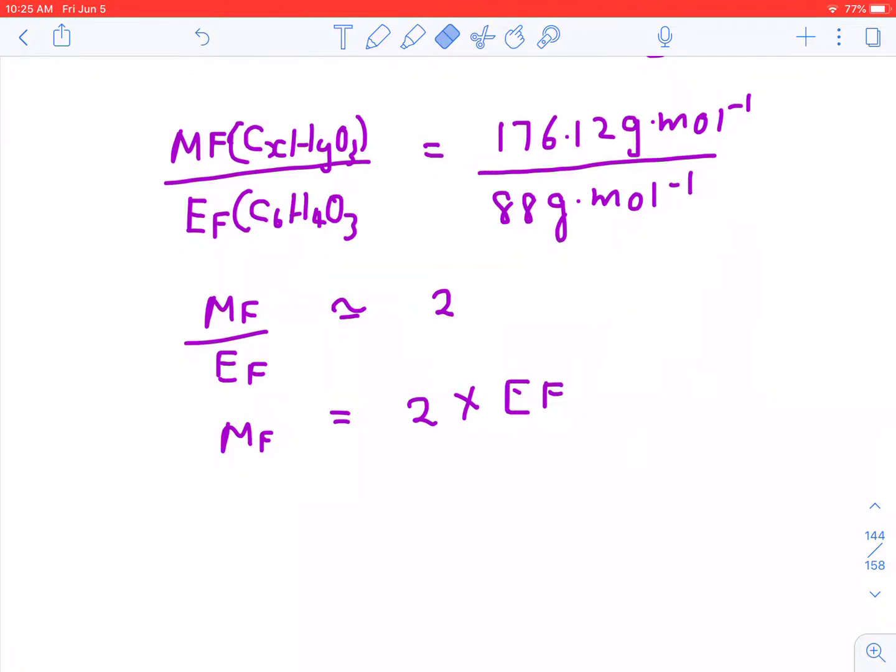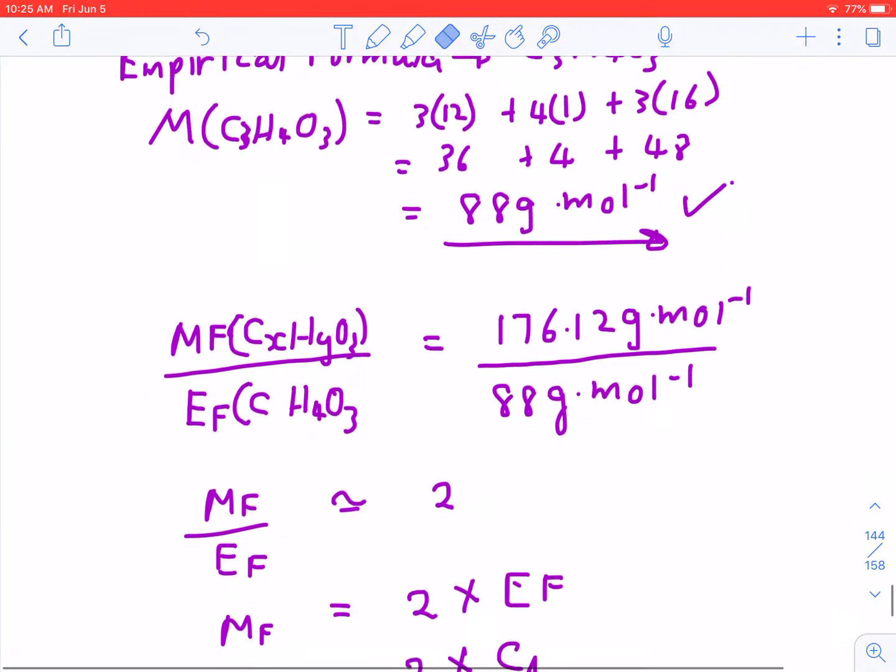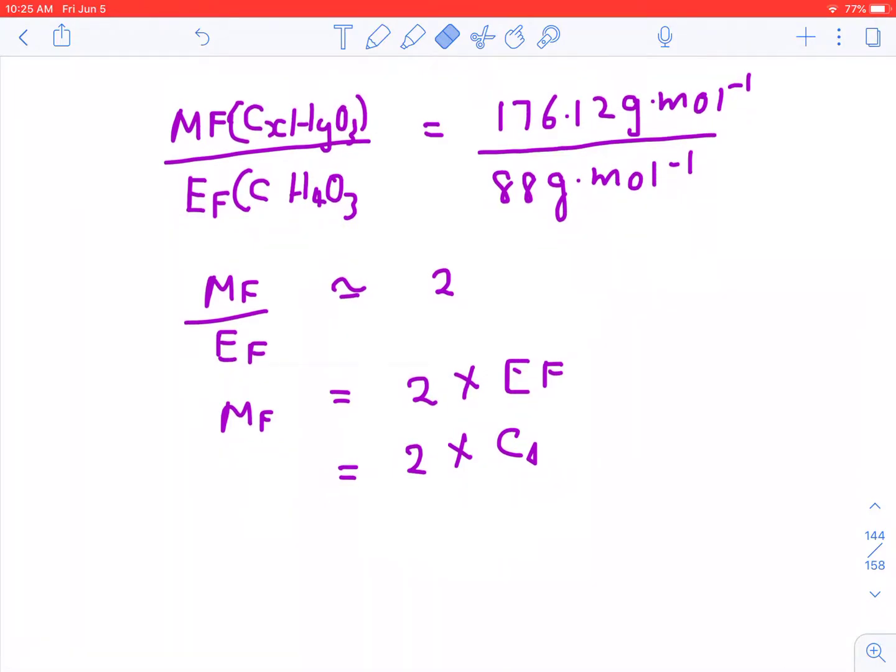It's equal to 2 times, what's my empirical formula? Sorry, I made a mistake here. That's C3H4O3. Sorry about that.